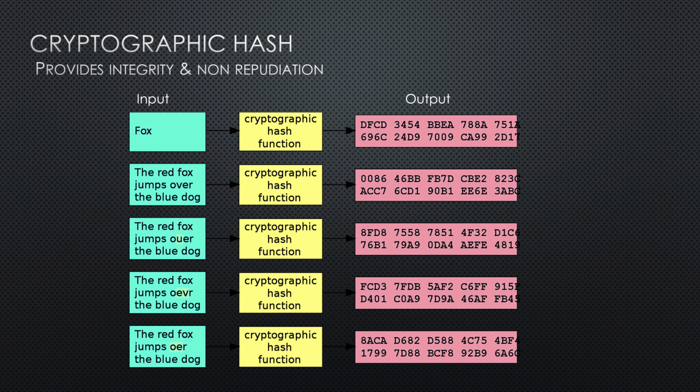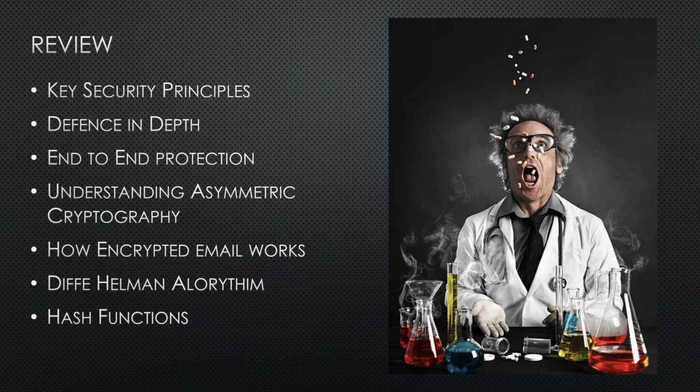That's the principle of a cryptographic hash. So there you have it. Just a few quick security principles, the concept of defense in depth, and end-to-end encryption, understanding asymmetric cryptography, and also how email and Diffie-Hellman works.